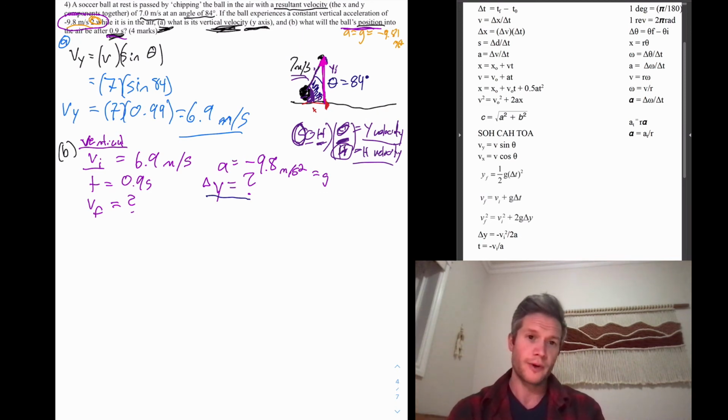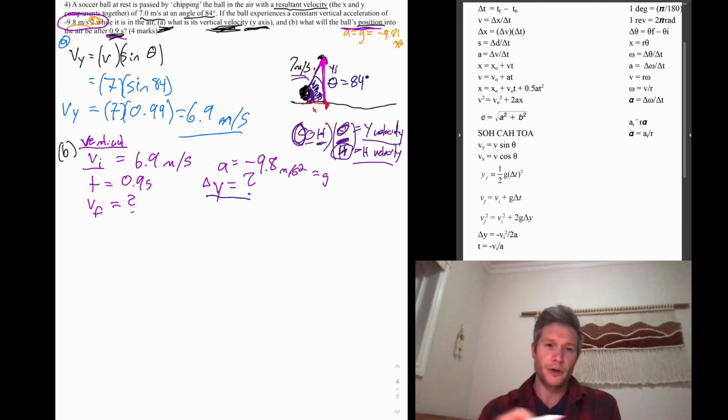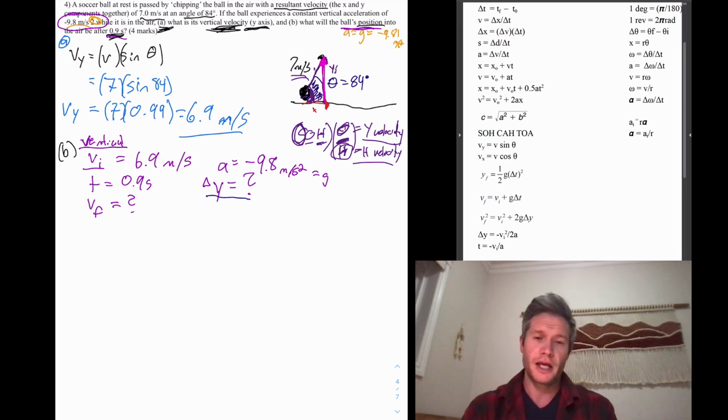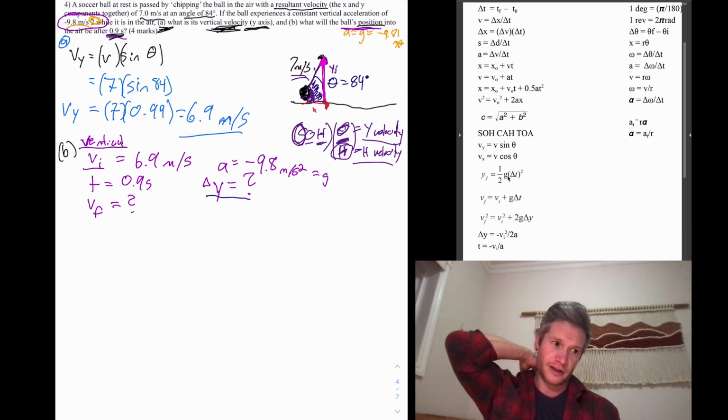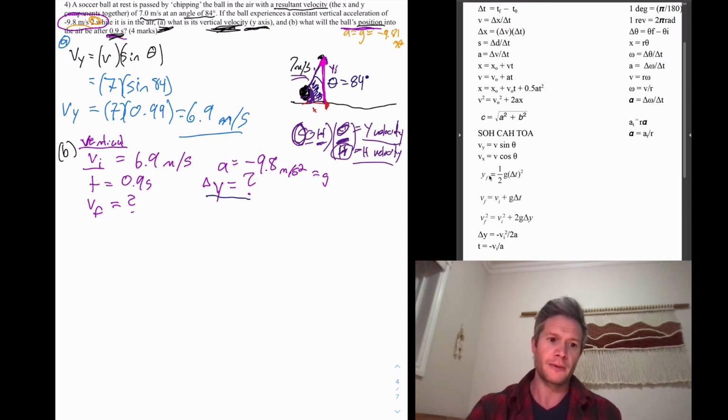Okay, so what we'll do is we're going to go through our list of equations and see what we can figure out, what we can use and what we're not going to use. We kind of went through each of these already and said that they don't really give us what we want, okay?